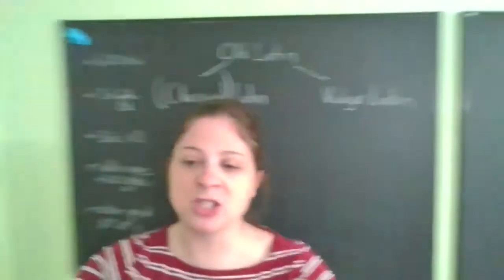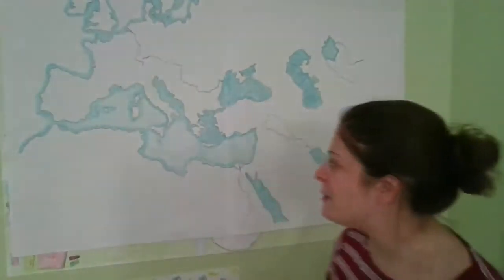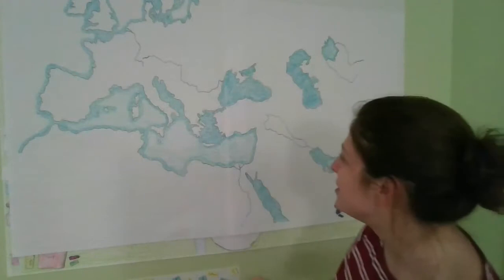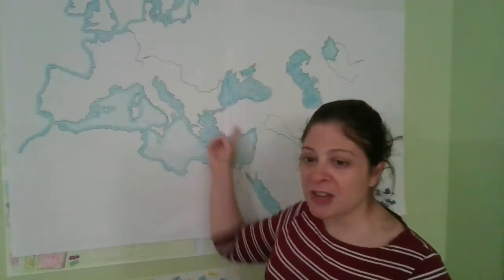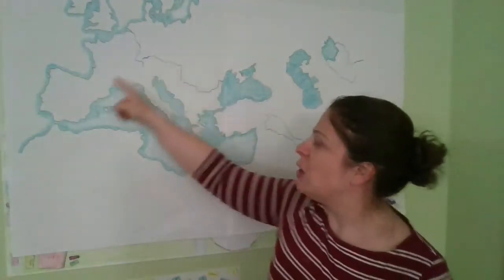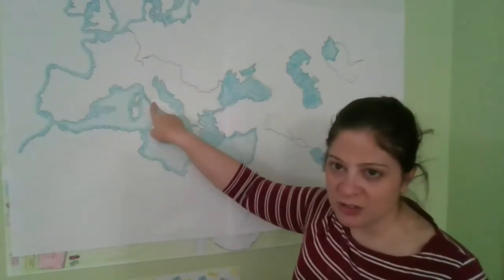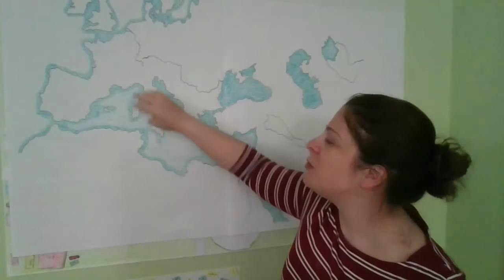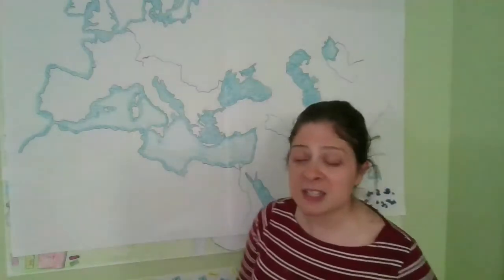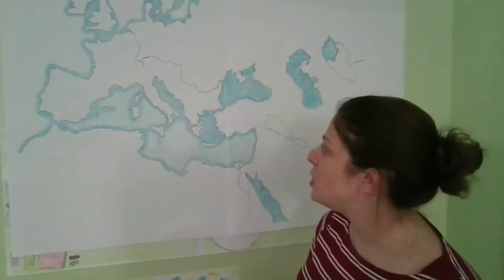So we're going to try to swivel and look now at one of my many maps. I have so many maps in my house at this point. A map here that contains the entire Mediterranean region where the Romans lived. So Rome is a city right around here in central Italy, and the Romans conquer and grow over time, and as they go, they spread their language along with them.